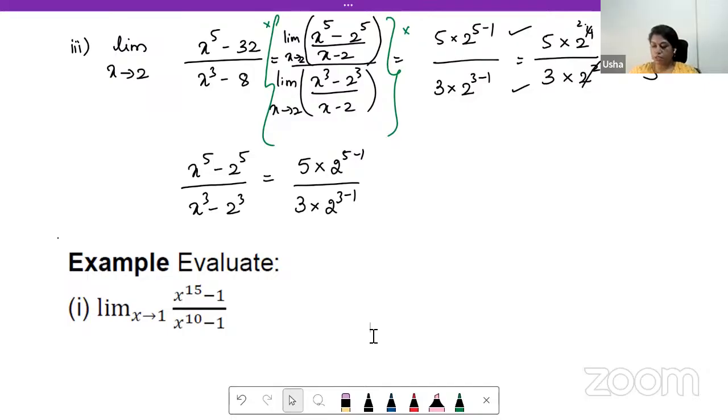Yes, what will be the answer for this? Same as the previous third question. What is n and a for the numerator and denominator?